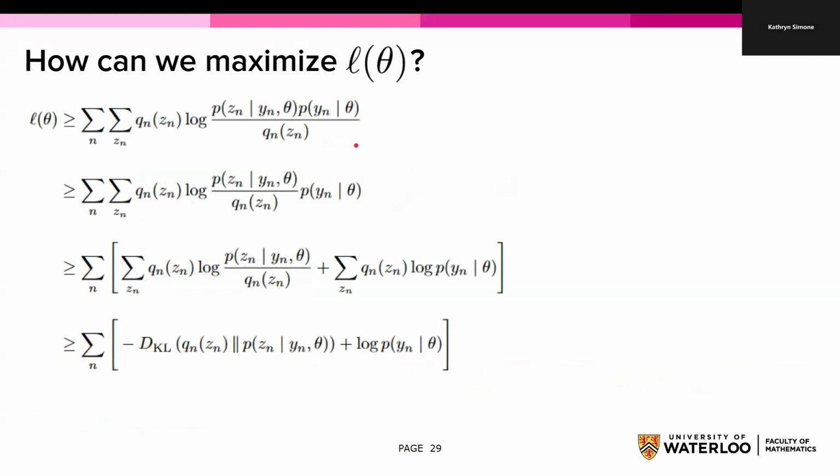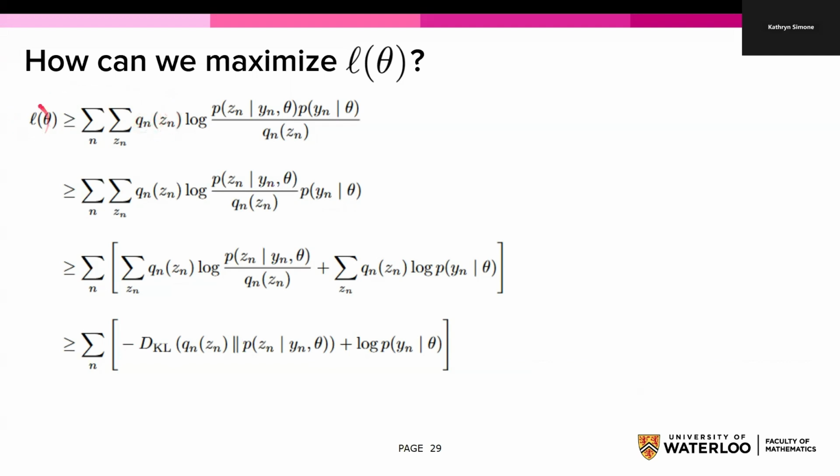Okay, so we've established that the log likelihood is lower bounded by a new expression involving the auxiliary distribution q over the latent variable zn.